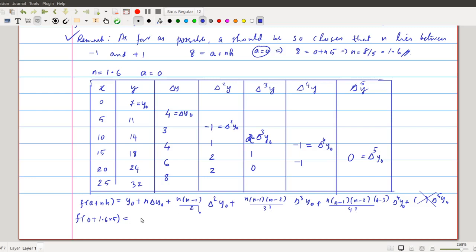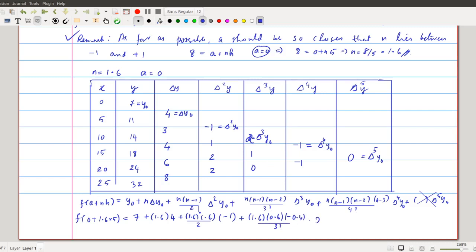So y naught is 7, so here we have 7 and 1.6 times delta y naught, that is 4, plus 1.6 into 0.6, that is n into n minus 1, by 2 factorial, into delta square y naught. Delta square of y naught is minus 1, so this is minus 1, plus n into n minus 1 into n minus 2, that is 1.6 into 0.6 into minus 0.4, divided by 3 factorial times delta cube y naught.